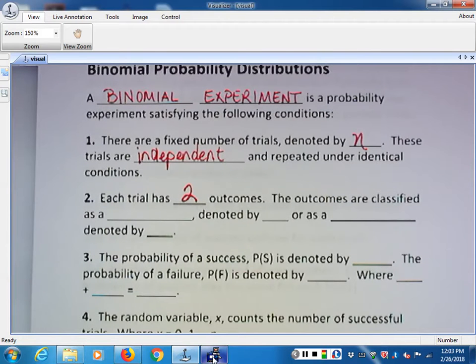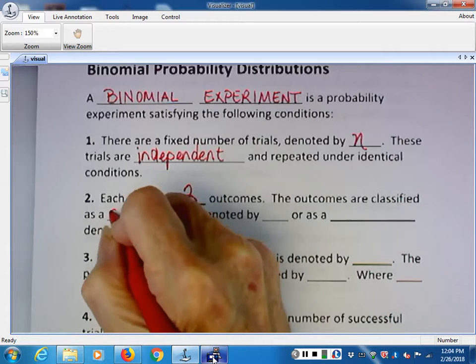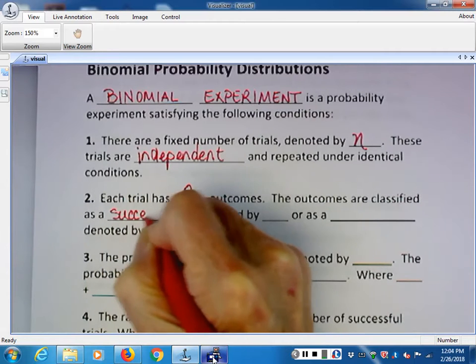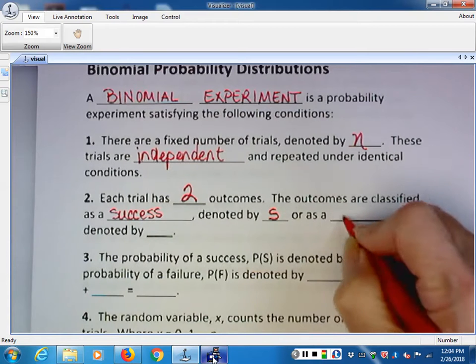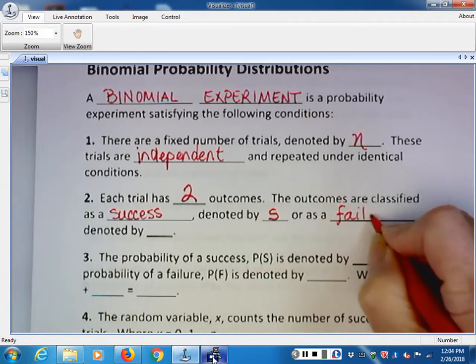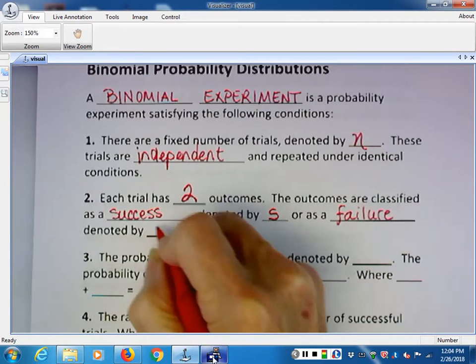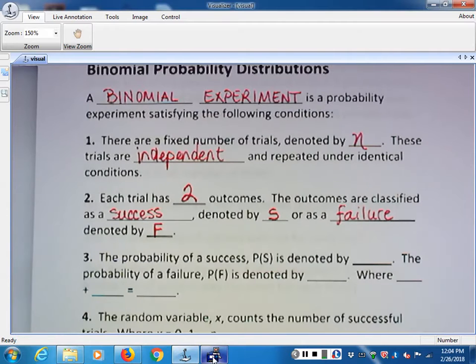The outcomes are classified as a success, which is denoted by S, or as a failure, which is denoted by F. Don't associate success with being something good and failure being something bad, because that might not be what it is. Success means that if you're counting green pea pods, success is that the pod's green.